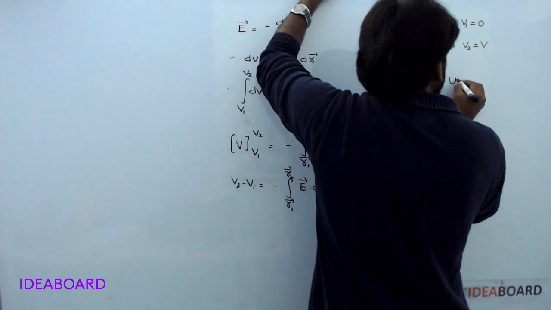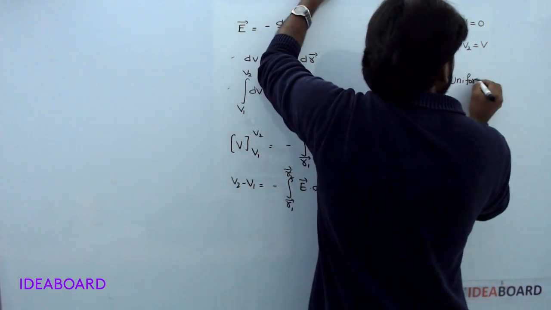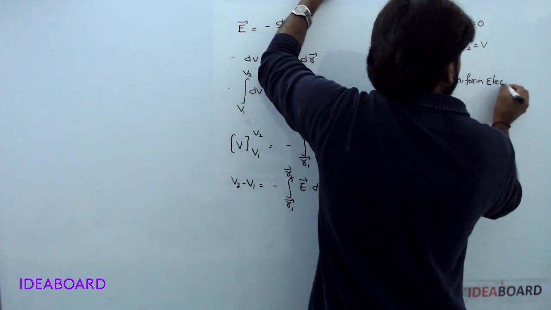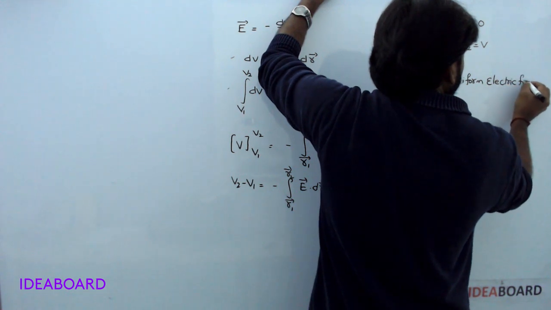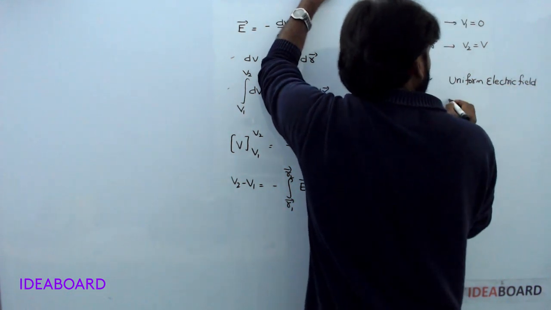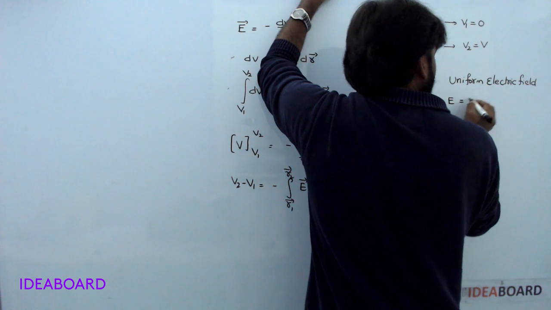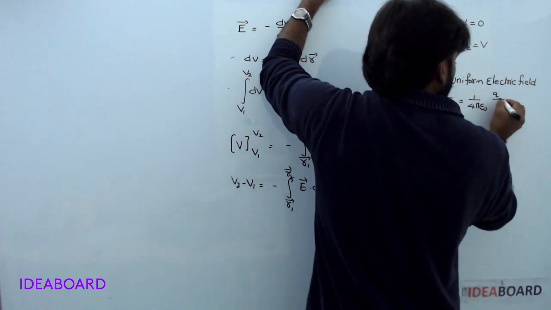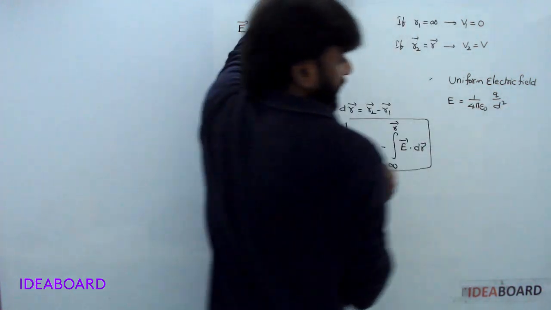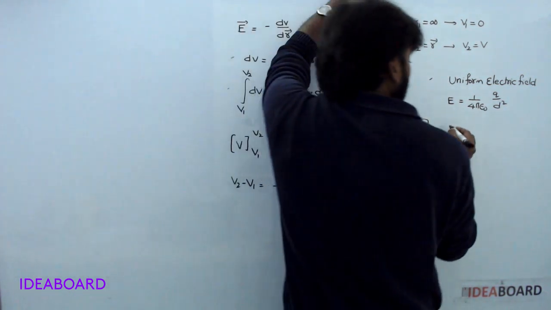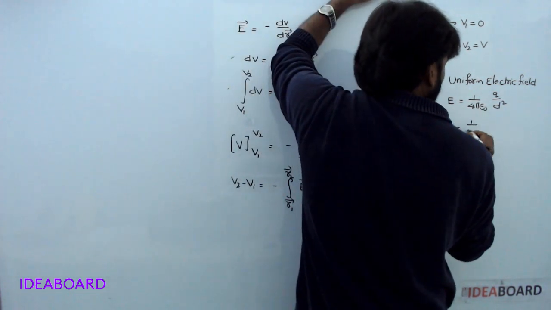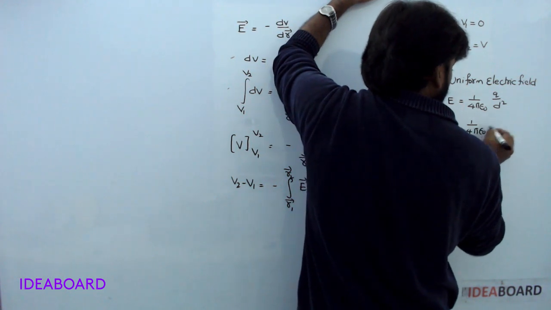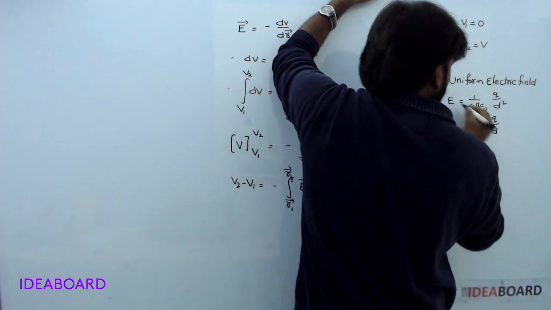Now, in a uniform electric field, at a certain point the electric field intensity is 1 by 4 pi epsilon naught q by d square, at a certain distance d. Potential is equal to 1 by 4 pi epsilon naught q by d.